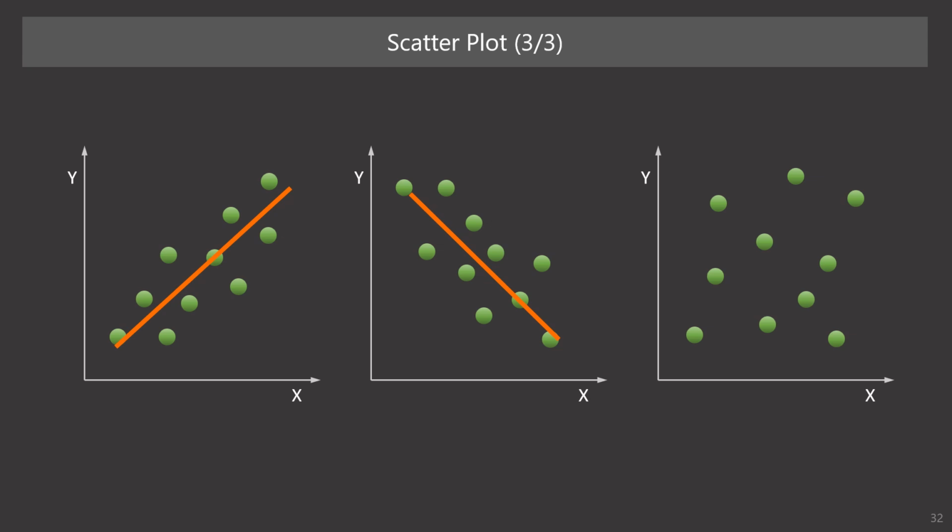We can see a tendency that as x increases, y decreases. In the right plot, the dots are dispersed randomly. We cannot see any pattern in the relationship between x and y. As we have seen, a scatter plot shows us the relationship between two variables.